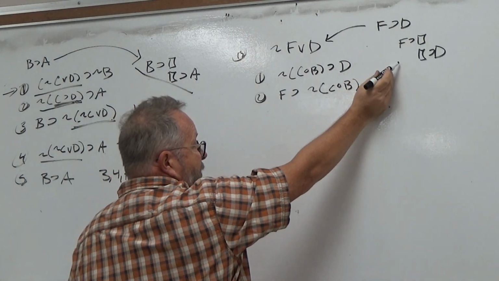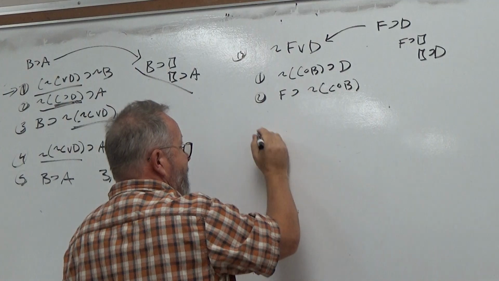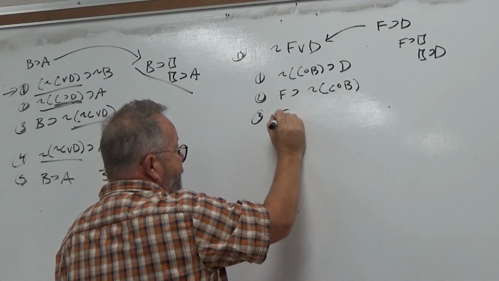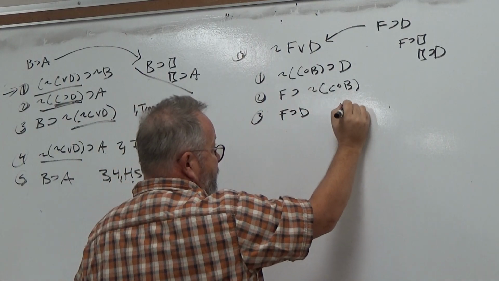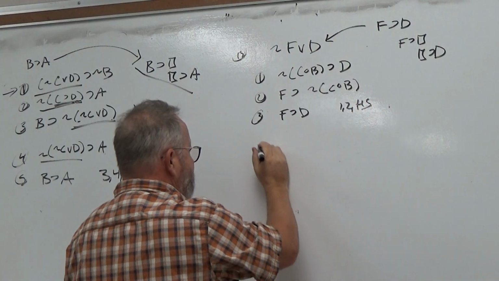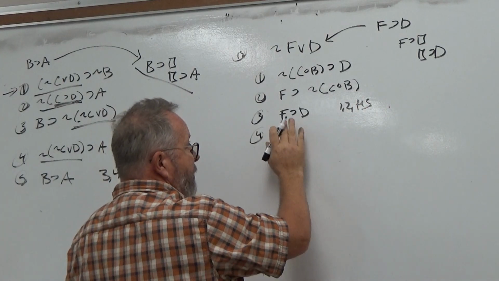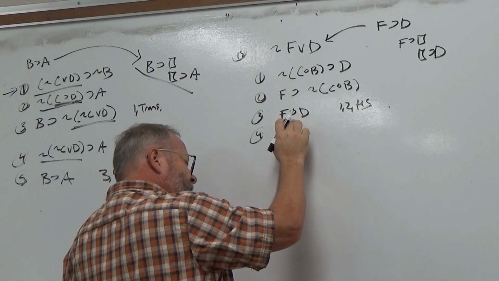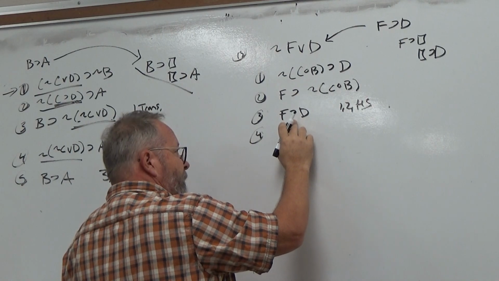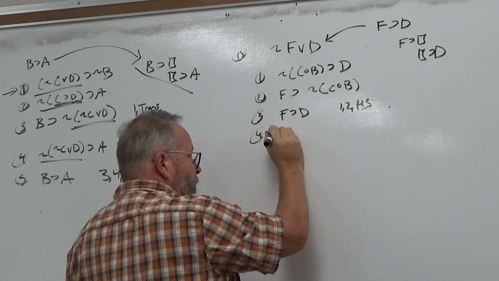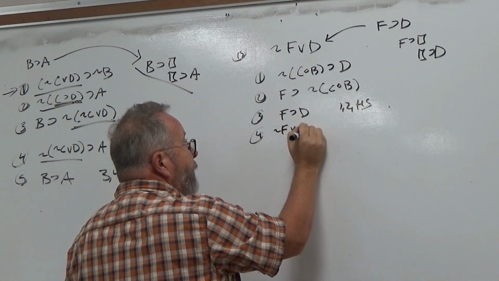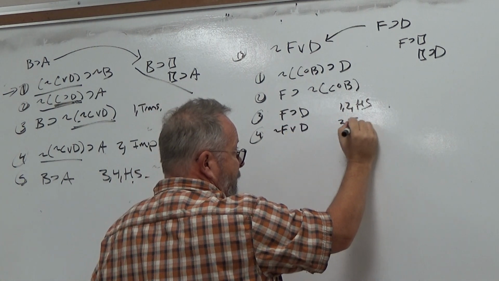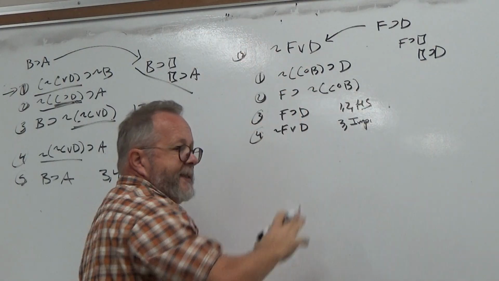I have those two parts, so I'll put them together, and then I'll go back to that. So F, then D from 1 to hypothetical syllogism, and then I'm going to do implication going backwards. I'm going to change the then to an OR, so not F or D from 3, implication, done.